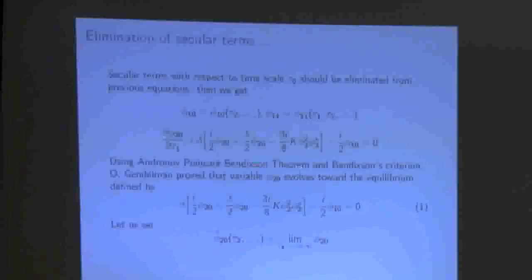Then, using the Poincaré-Bendixson theorem and criterion, Gendelman proved that phi 2,0 evolves to an equilibrium.